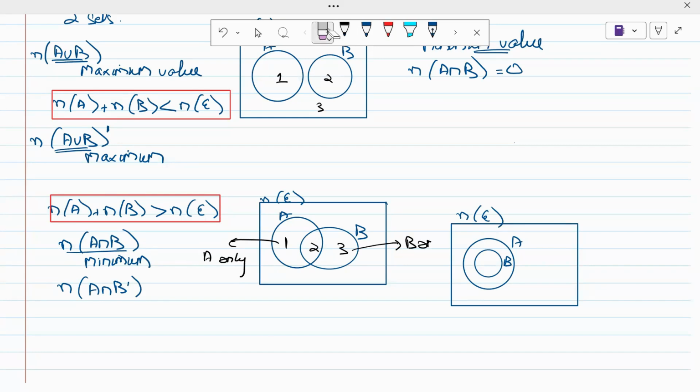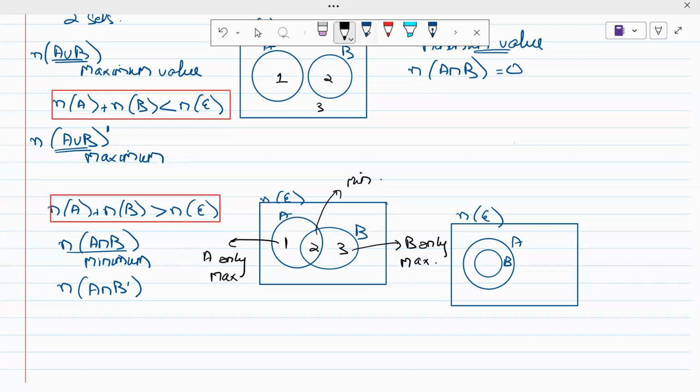Consider the fact that the intersection, the common elements, are minimum. So when the common elements are at minimum, the only regions would be at maximum. A only would be at the maximum side now, and B only would also be at the maximum side now, and this intersection is at minimum.